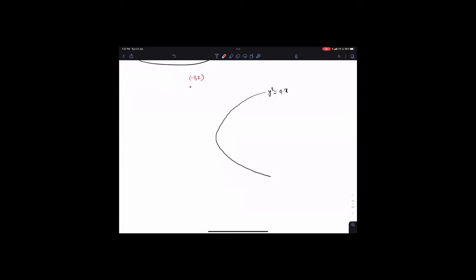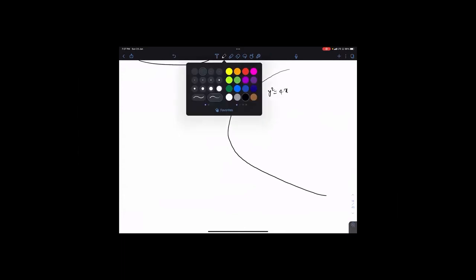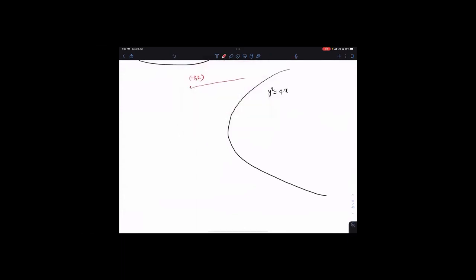Now just by common sense, if you look at the figure, one second, let me draw the parabola again. Just if you see the figure only, we can say that there will be two tangents that can be drawn onto this parabola from minus 3 comma 2.